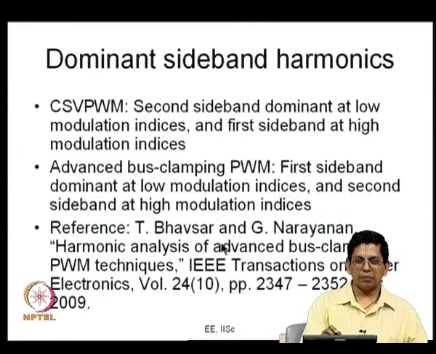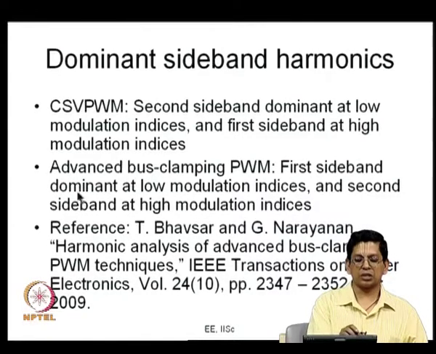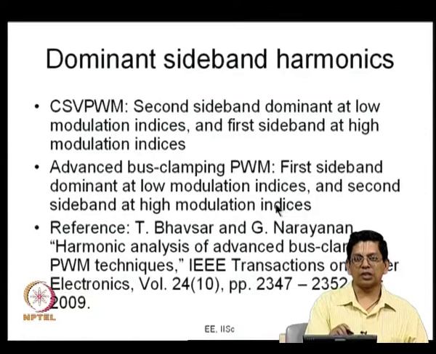The leakage reactance seen by the first sideband is lower, and therefore the harmonic currents are higher, the ripple current is higher. The converse situation is seen in the case of advanced bus clamping PWM.